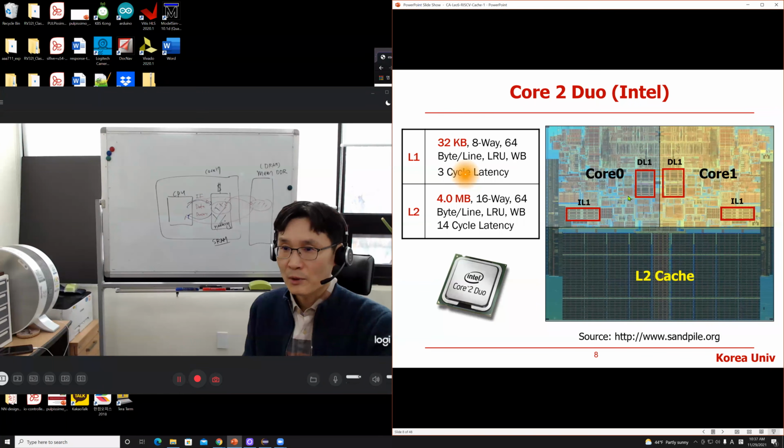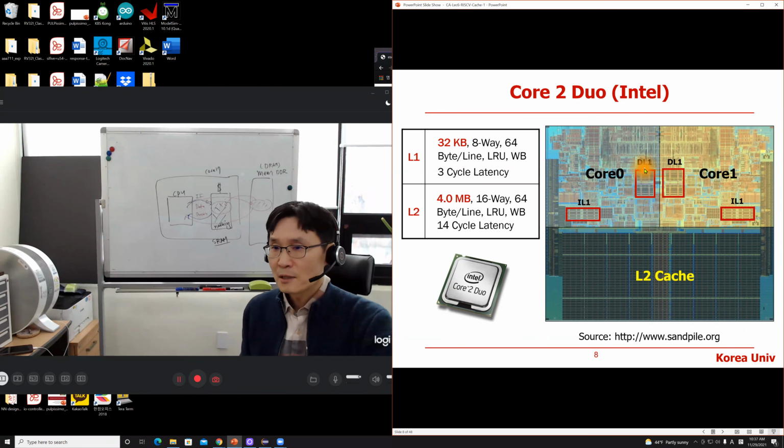We have a level 1 I-cache, the instruction cache, storing only instructions, no data. And this one is the level 1 data cache, storing only data. Level 2 cache stores both instructions and data.